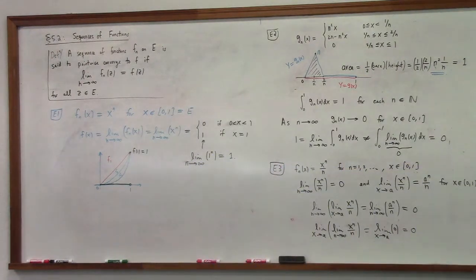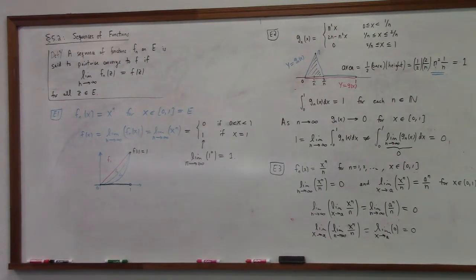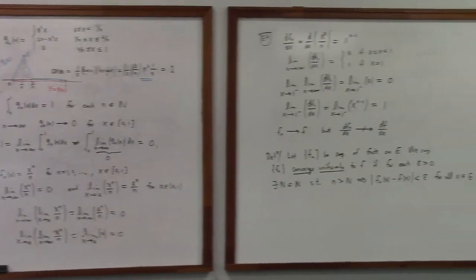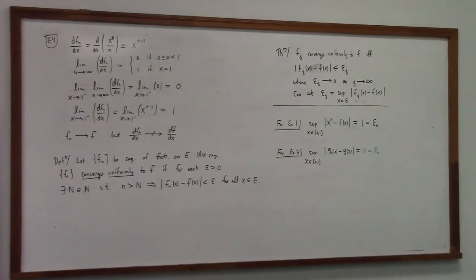So my point to you is that the worst case estimator for example 2 is n. What happens as n goes to infinity for n? It's infinity, right? So definitely example 2, again, is not uniformly convergent.